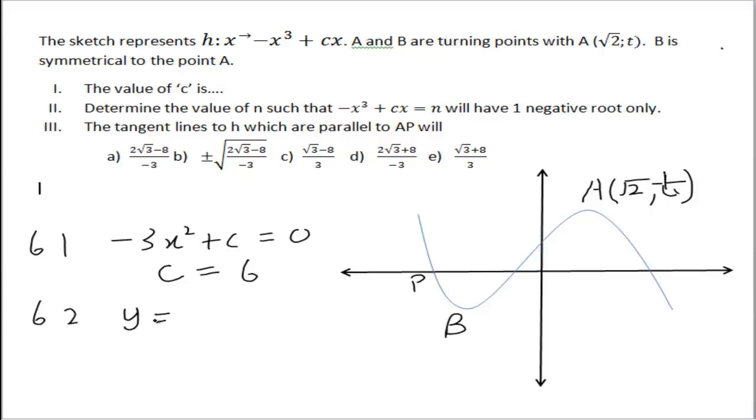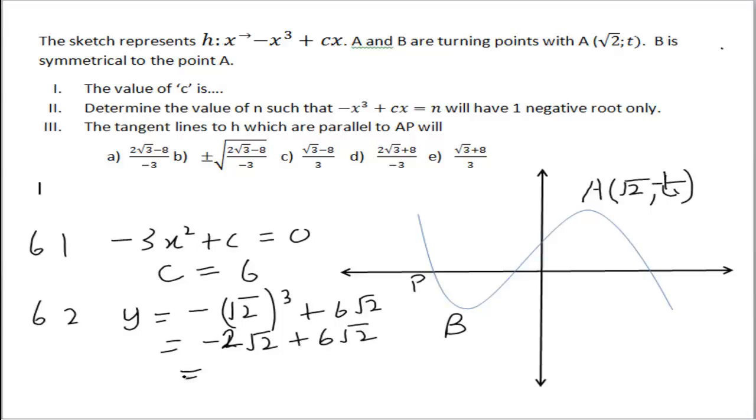The t value that we've got there is root 2, so it will be minus root 2 all cubed plus 6 times root 2. Root 2 squared is 2, so you get minus 2 root 2 plus 6 root 2, giving us 4 root 2. And then 4 root 2 is this value.